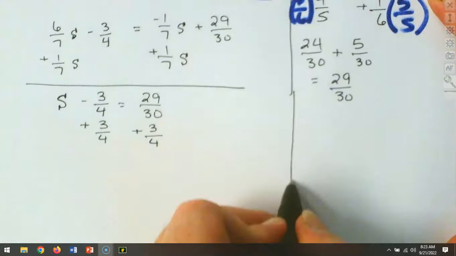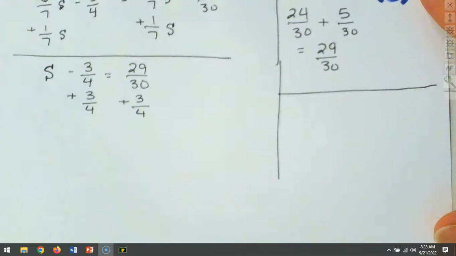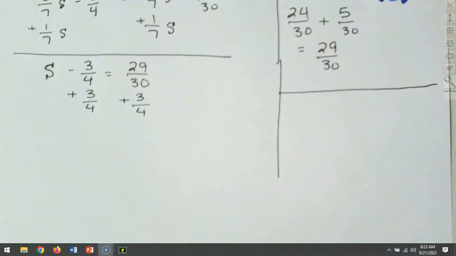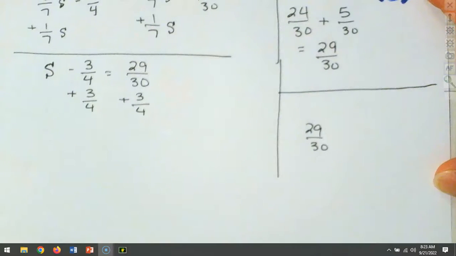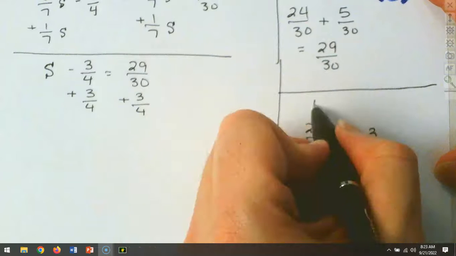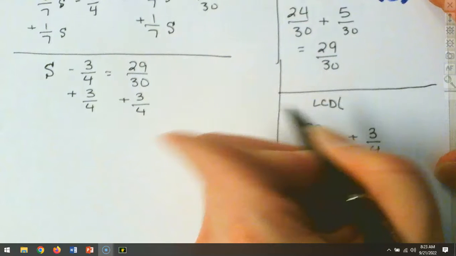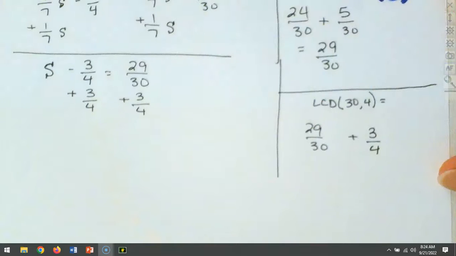And again, if we struggle with fractions, work them out over to the side. Okay, so let's see what we've got. We've got 29 over 30 plus 3/4.